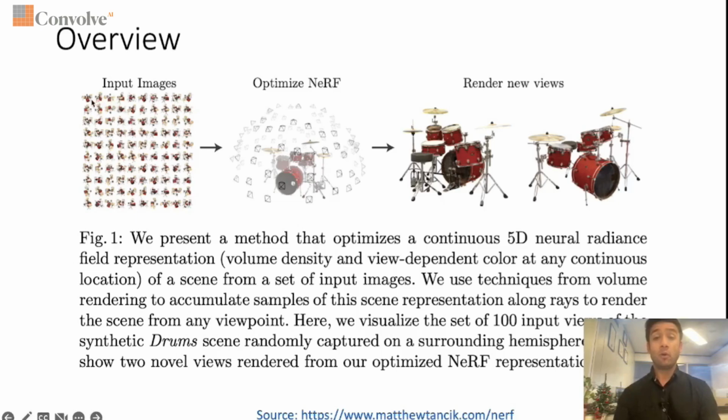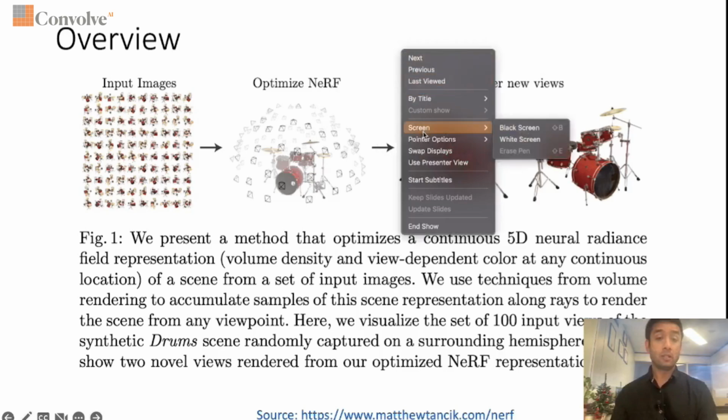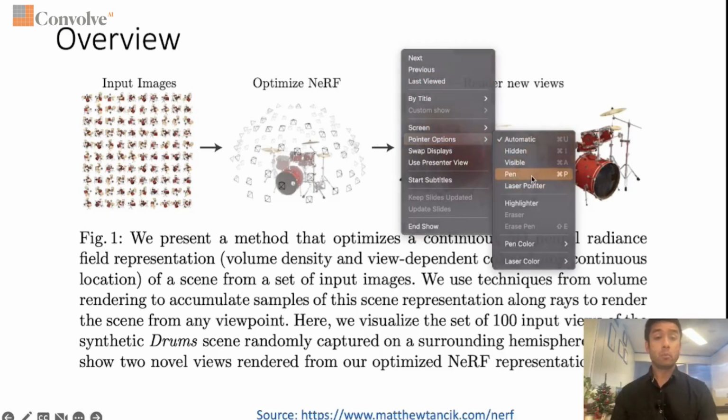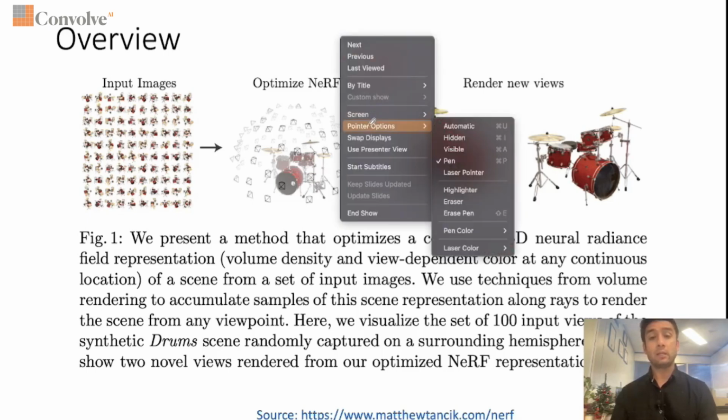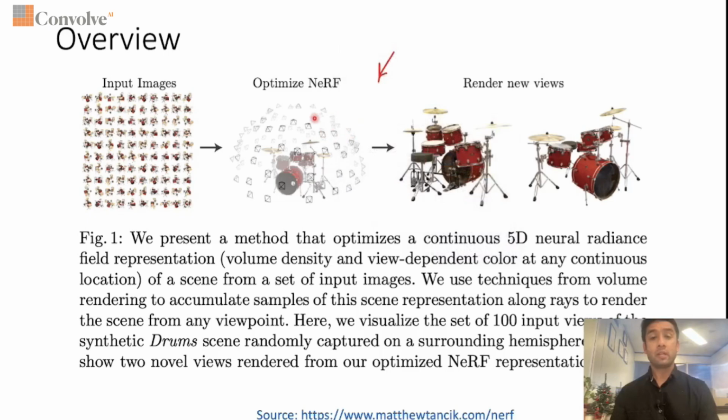So for a scene, for example, you have a set of drums. You have input images, and these images are taken from different viewpoints. Here you can see the camera taking images from multiple different viewpoints, and once you have those images along with the pose of the camera from which each image was taken, you optimize a NeRF.